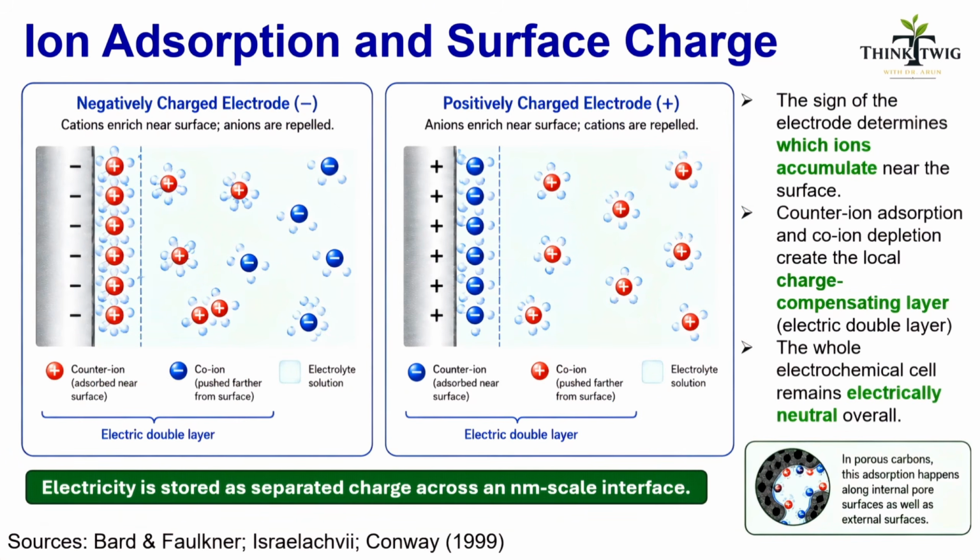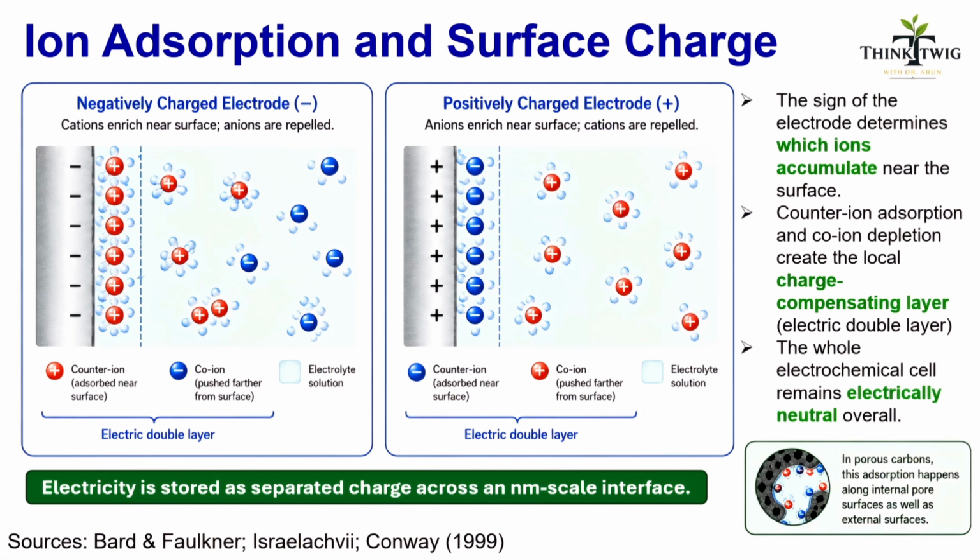Now let us look more closely at the electrolyte side. The sign of the electrode decides which ions move towards it. Ions having the opposite charge are called counterions, and ions having the same charge are called coions. When the electrode becomes negatively charged, positive counterions become concentrated near its surface.